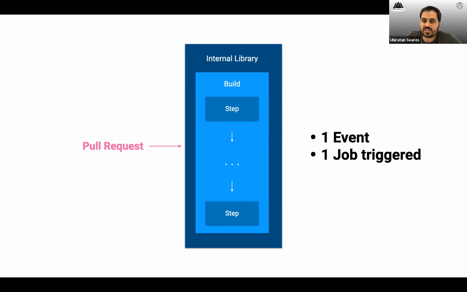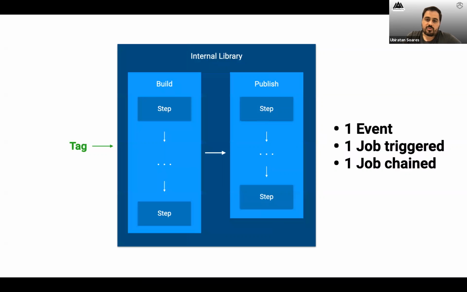Eventually, we could have a different workflow. We could have an internal library workflow that is composed by two jobs. A first one called build, a second one called publish. And this workflow is mapping the tag event, where we want to build the code of our internal library first.